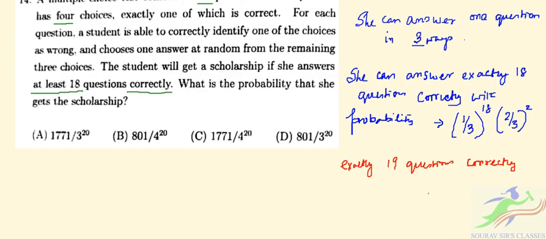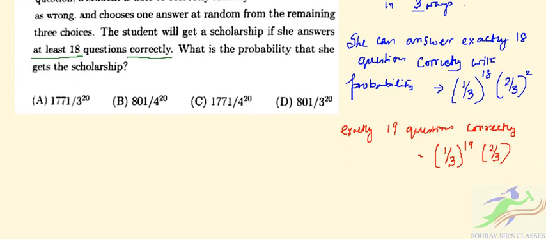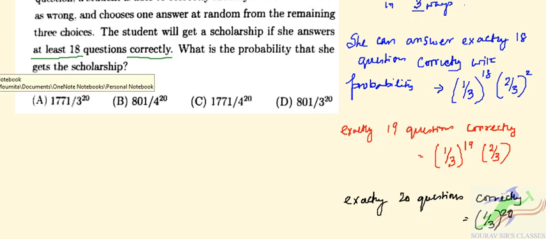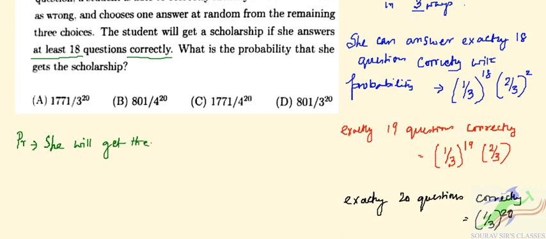In that case it will be simply 1 by 3 to the power 19 multiplied by 2 by 3, and exactly 20 questions, that means all the 20 questions correctly, so that will be equal to 1 by 3 to the power 20. Okay. So we have to find the probability that she will get the scholarship.